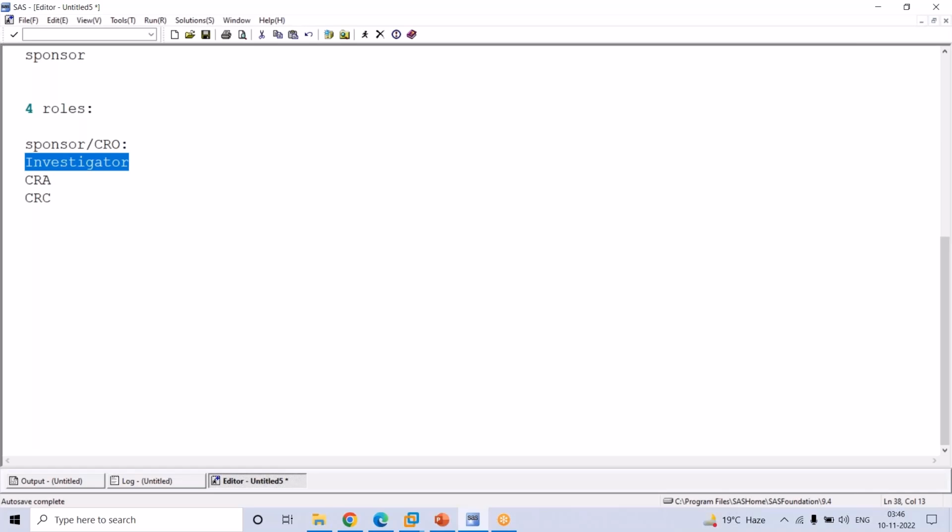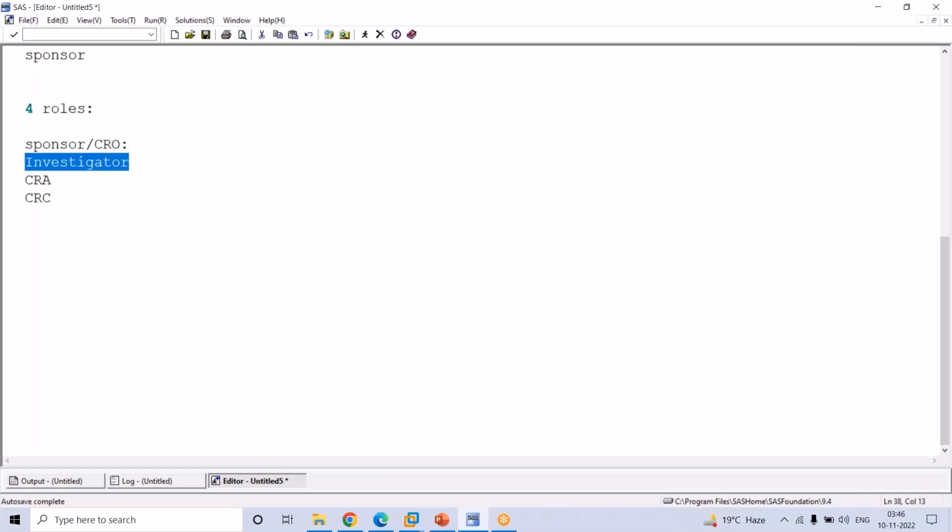A lot of monitoring activities will be there; I'll explain them. So they check all the activities with the investigator and they report it to the sponsor. That is the reason the CRA is called the line of communication between the sponsor and the site investigator, institution. A line of communication between sponsor and the investigator.